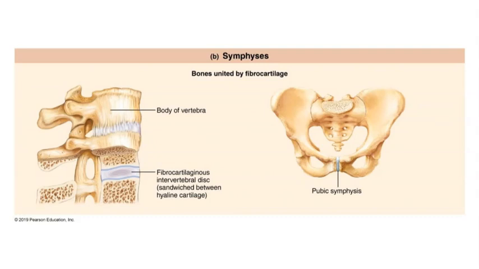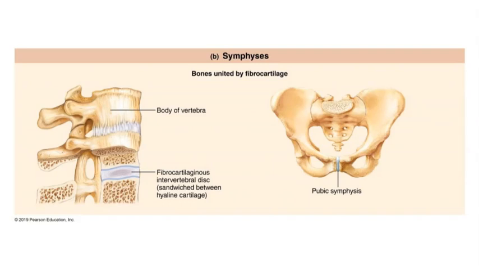But notice that this hyaline cartilage is only serving a protective role, and it is not bridging the gap between the two bones. So it's not uniting the two bones together in the same way that the fibrocartilage disc is. That's why this is a fibrocartilage joint, because it's the fibrocartilage that's actually making the connection between the two bones, rather than just protecting the two ends of the bones in that joint.